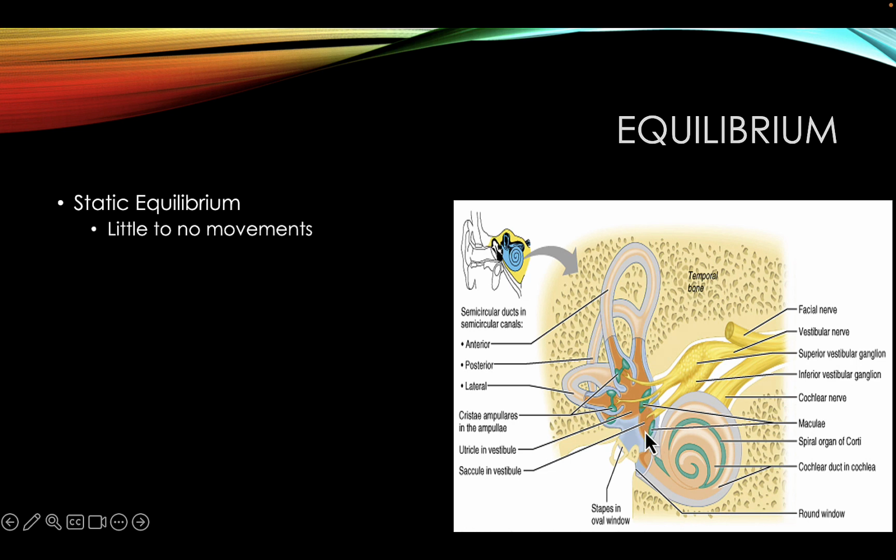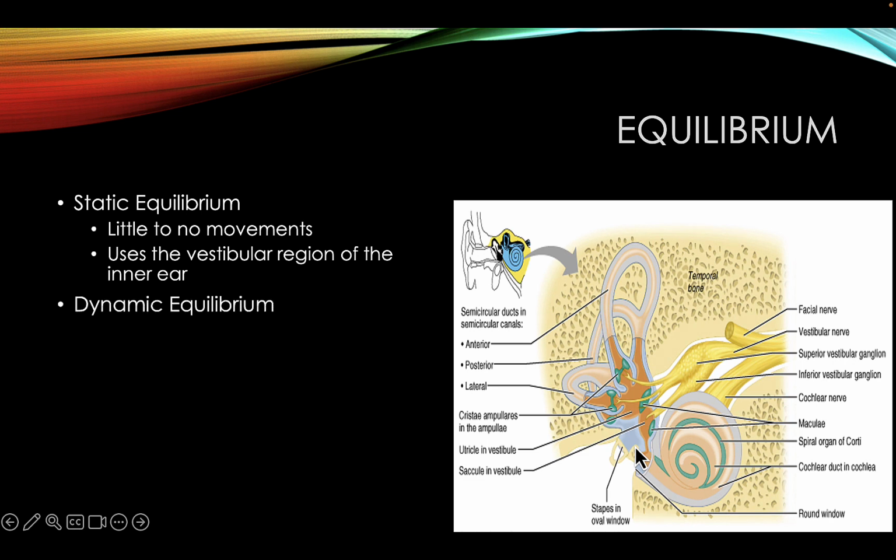So static equilibrium is where you're keeping your equilibrium, but you're not really doing very much movement. So you're either sitting in a chair or you're standing up straight and you're not really moving, but you're also not falling over, okay? So this uses a region called the vestibular region of the inner ear. And when we look at this vestibular region, we're looking at this portion right here, okay?